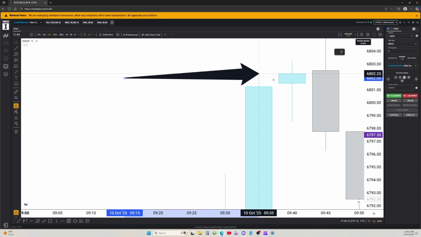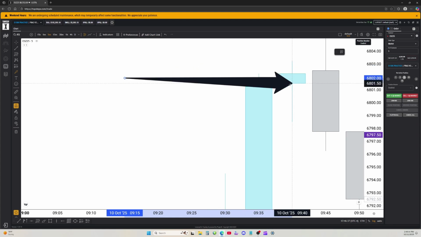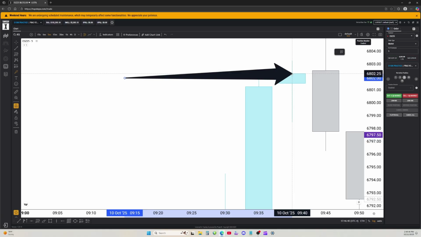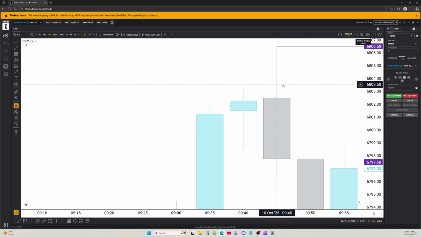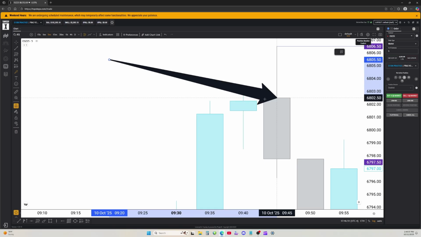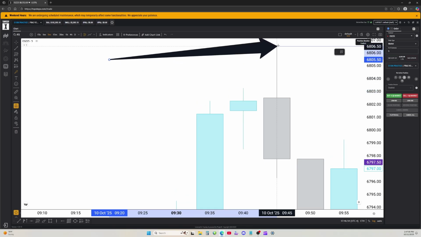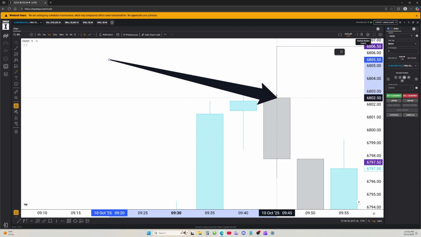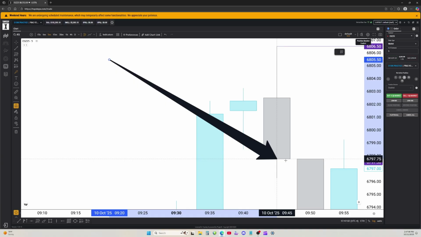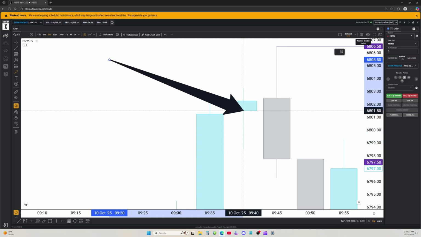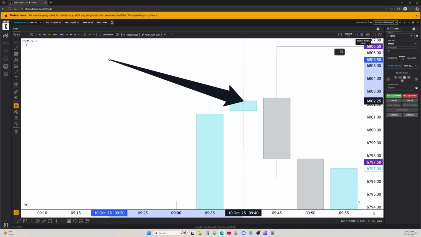Came up, made a wick, so it opened here, did this, closed here, 9:45 candle. Now what that one did, since it's a bear, it opened here, probably continued up, and then it shot back down, pulled back up, closed here at the bottom. So it's the opposite. On the bullish one, it opens at the bottom, closes at the top, right?